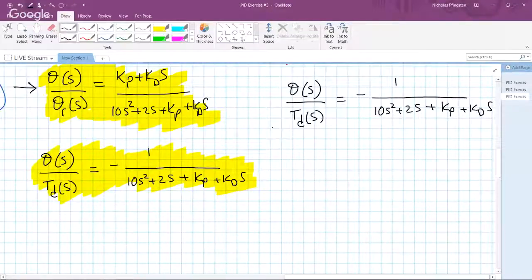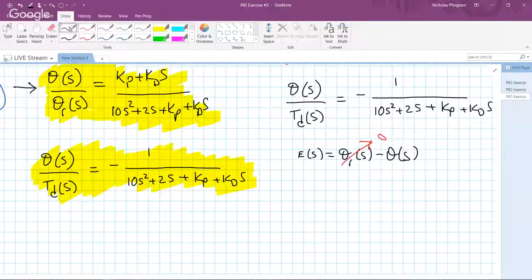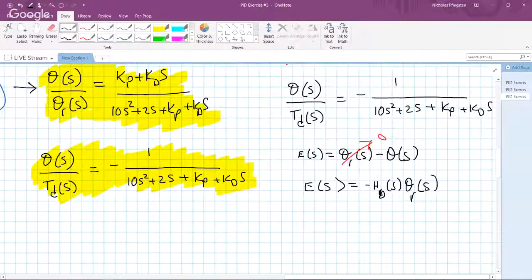So I'm doing this. Error function theta sub R of S minus theta of S. Obviously, you're going to say this is 0. I'm just going to jump to the expression we need, which is just going to be 0 minus H sub D of S theta sub R of S. Cool.